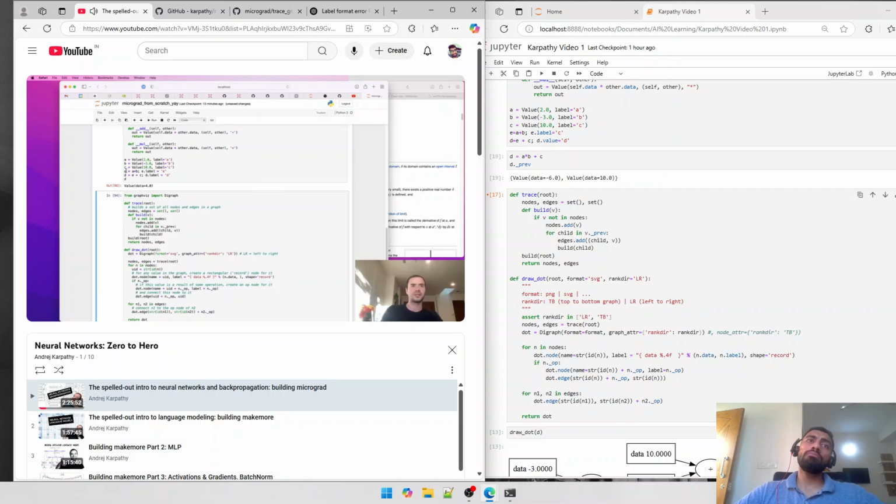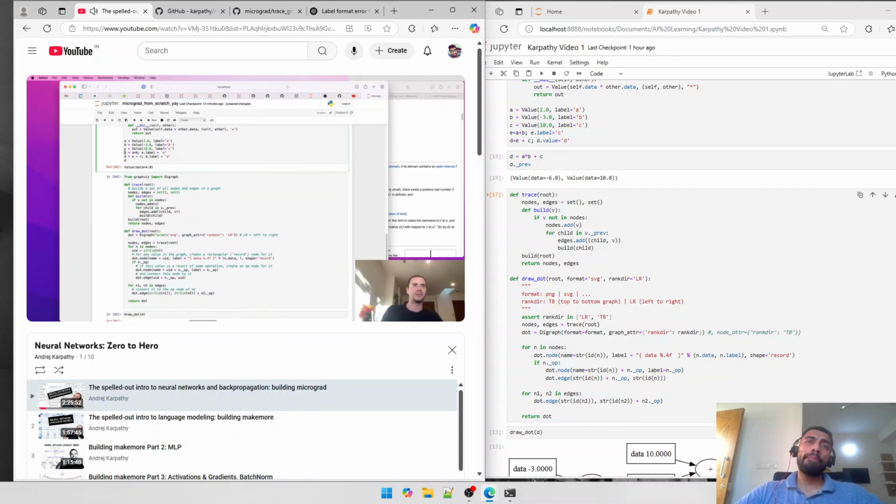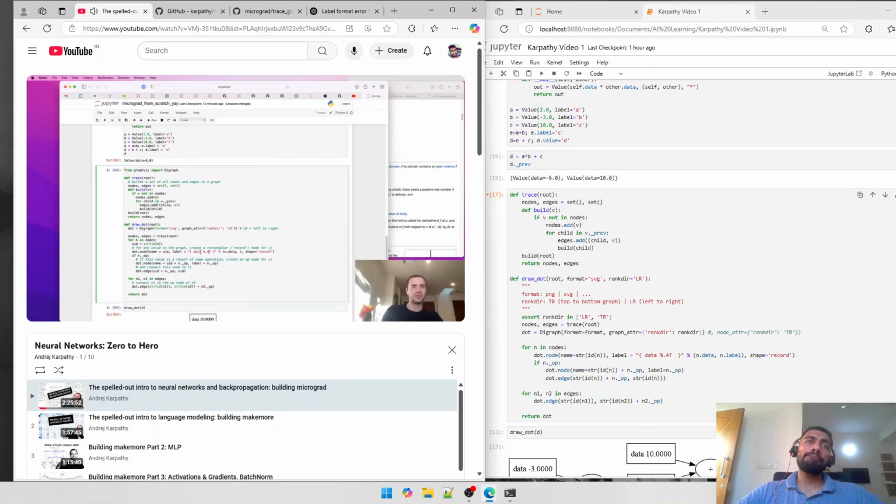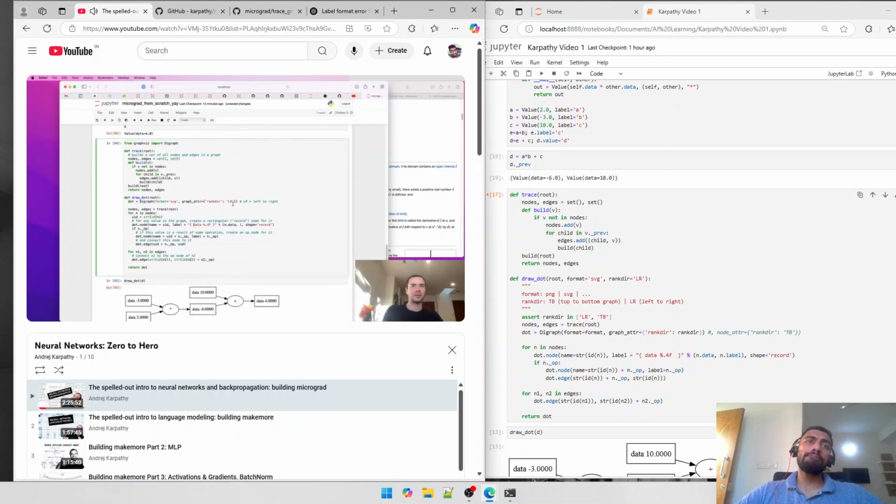Okay, so nothing really changes. I just added this new E variable. And then here, when we are printing this, I'm going to print the label here.